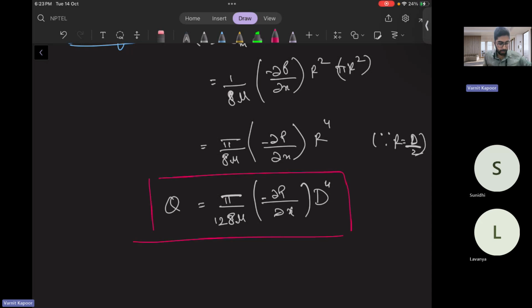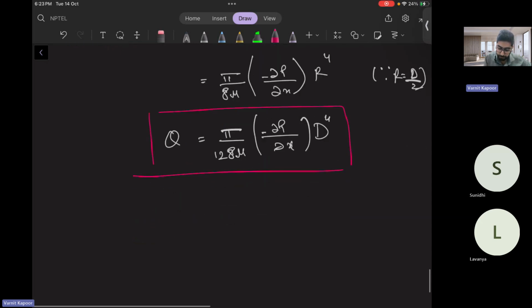This is nothing but your Hagen-Poiseuille equation. Very important equation. Any doubts still here? This is your final discharge equation.